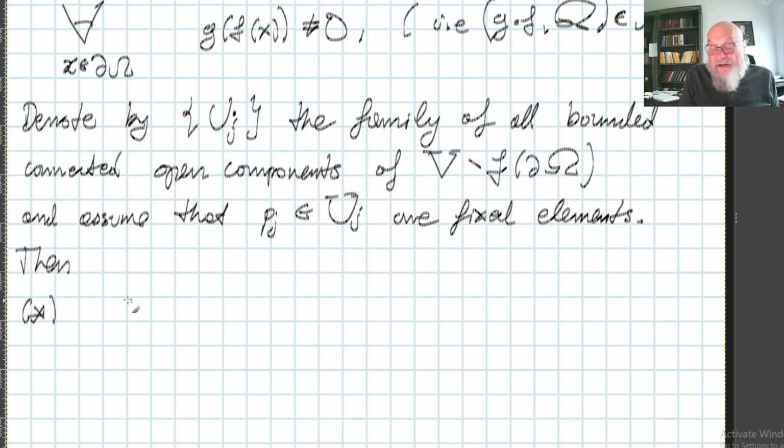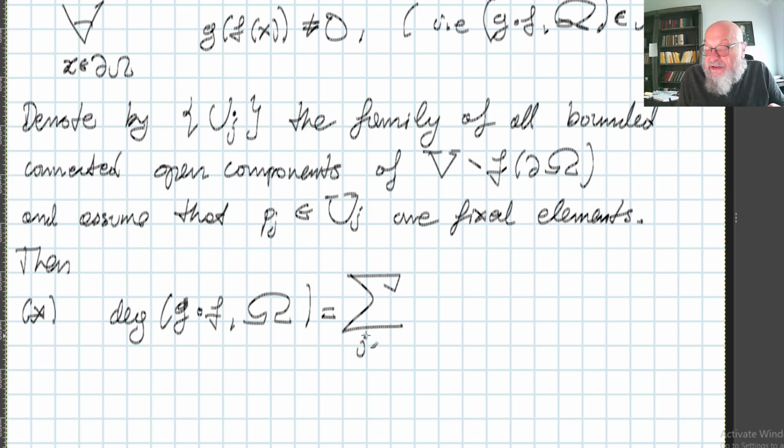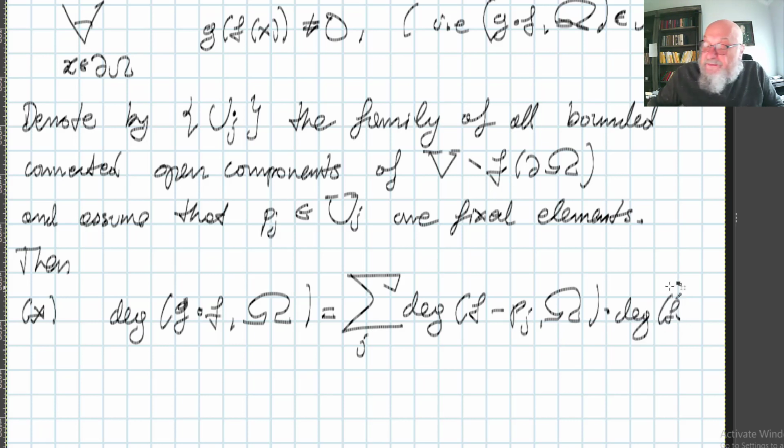We put it like this, star: the degree of G composed with F on omega will be equal to the sum over j of the degree of F minus p_j on omega, times the degree of G on U_j, over 0.